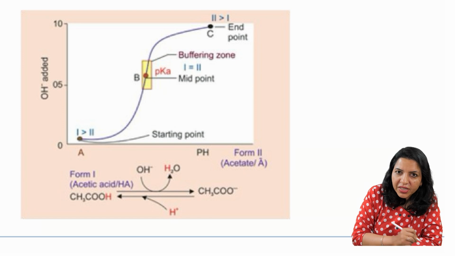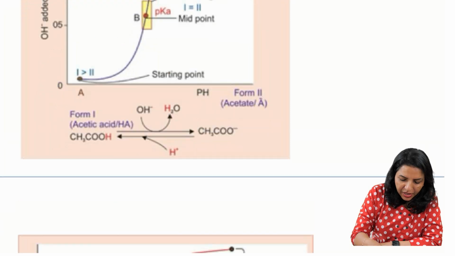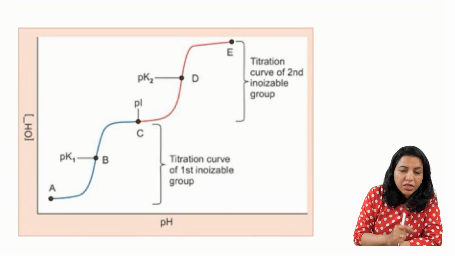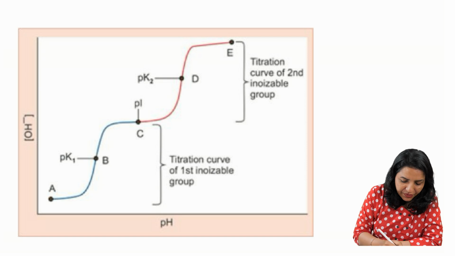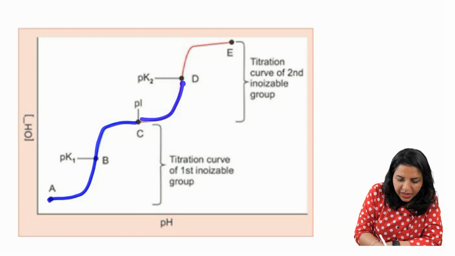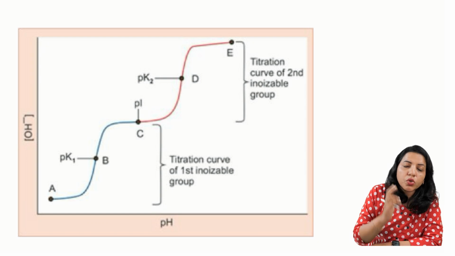Now you can see that this is a compound with a single ionizable group, that is acetic acid. Now you see this picture. In this picture you can see a titration curve itself, but this is having two curves. So this is the first and you can see this is the second titration curve, which means that this is a compound with two ionizable groups.